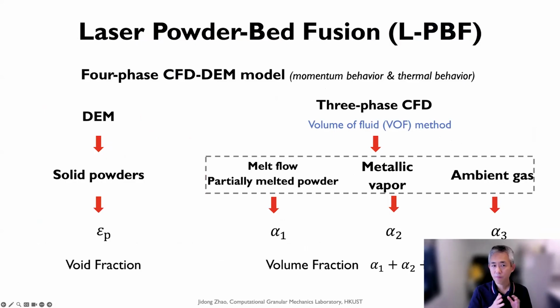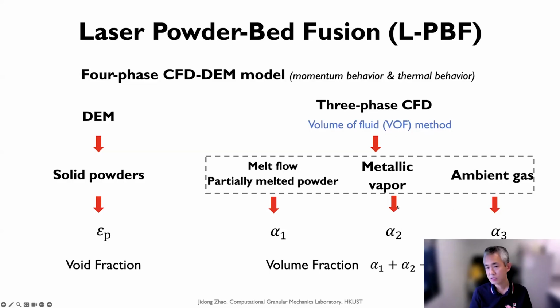So we consider a four-phase CFD-DEM model. Okay, and the DEM considers solid powders, and then it involves a volume fraction that treats it as a porous medium. And the three-phase CFD is based on the volume of fluid method and considers the melt flow. We can also consider partially melted powder.